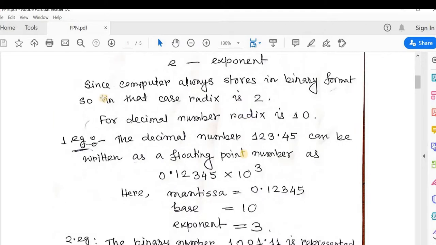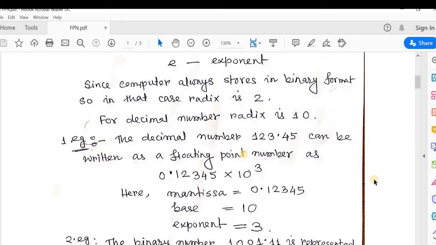Since computers always store in binary format, in that case radix is always 2. But if we talk about decimal numbers, radix is 10.